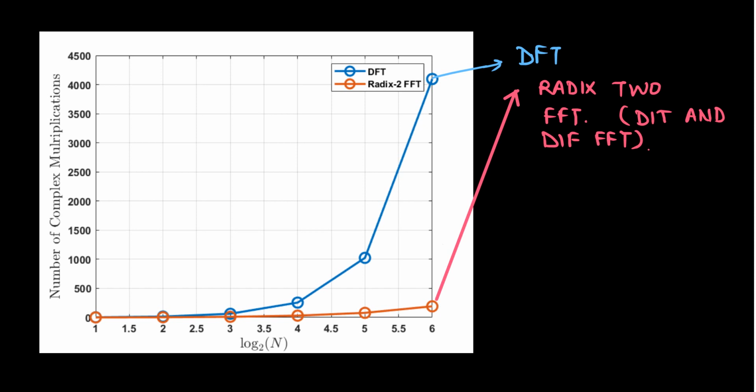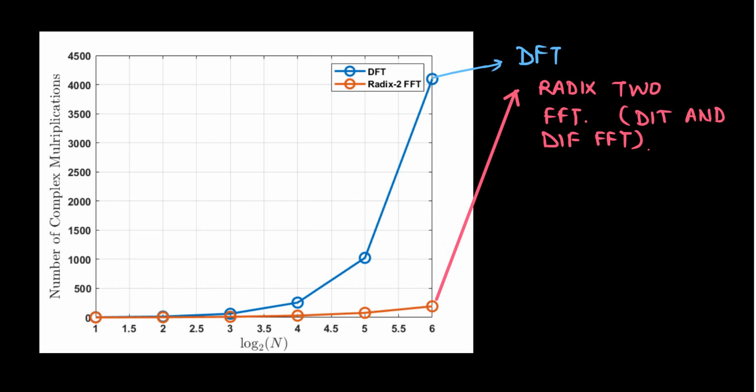If we observe this point here, when log N to the base 2 is equal to 6, we are getting less than 500, or more precisely less than 250 multiplications, whereas if we look at this point here, for the normal DFT we are at around 4000 multiplications.